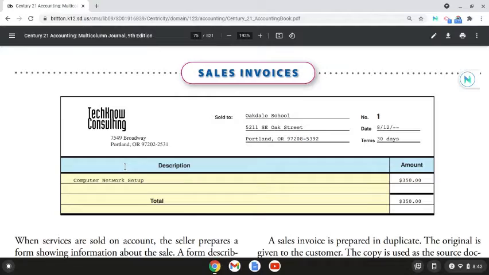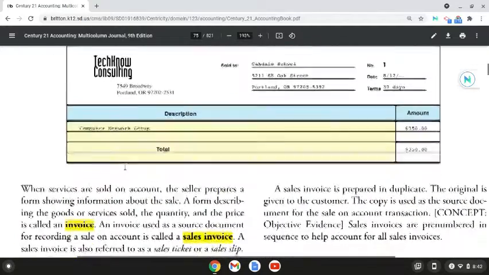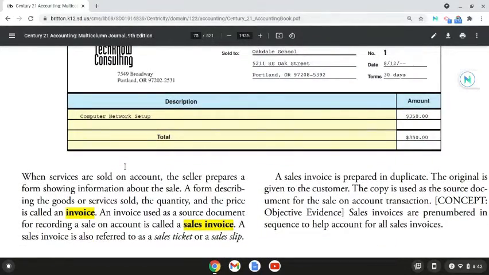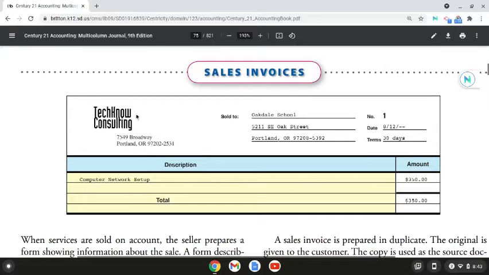Okay, next we'll be talking about sales invoices. So an invoice is a form describing the goods or services sold, the quantity, and the price. And a sales invoice is an invoice used as a source document for recording a sale on account. So what this is showing us is the name of the business, where they're located, and then it's sold to Oakdale School.